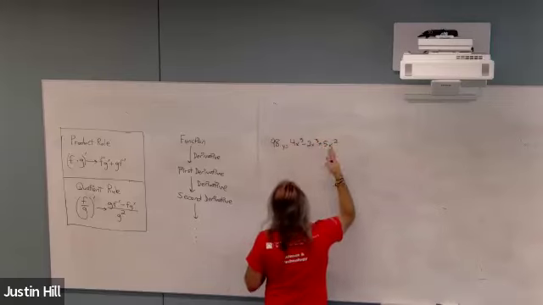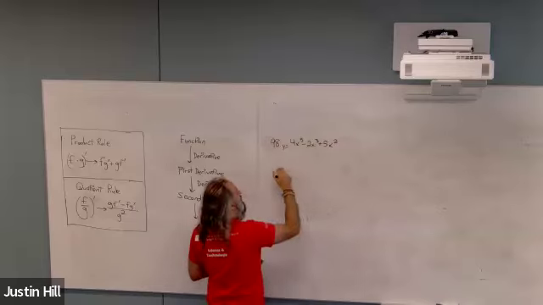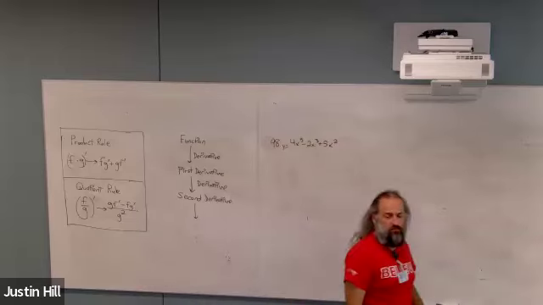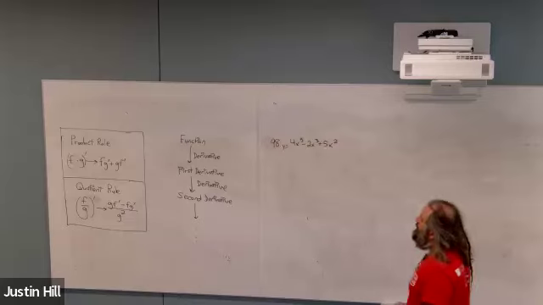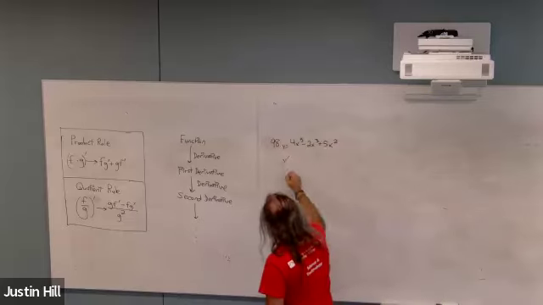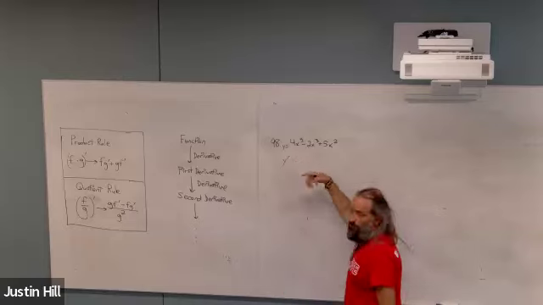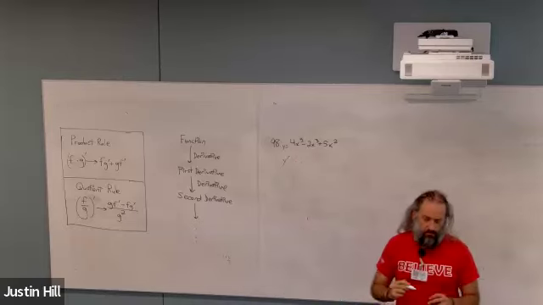So we're starting out with just some polynomial. They're going to want you to find the second derivative of this function. So you're going to need to figure out the first derivative. And then once you've got that, you're going to take the derivative of that, and that'll be your second derivative.